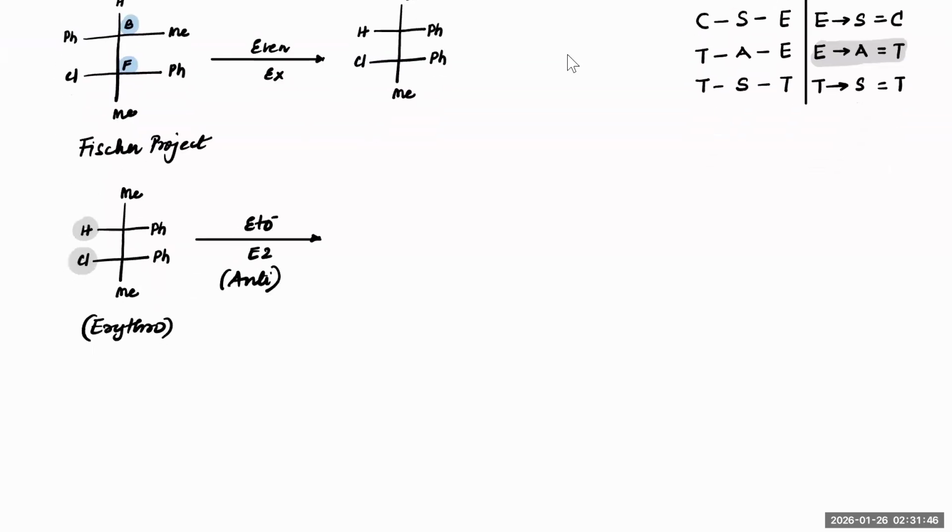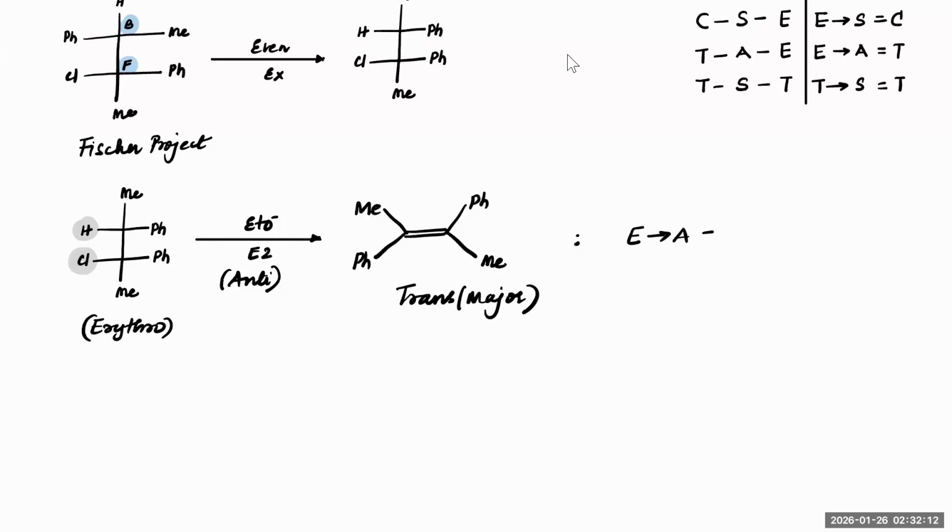So that means I should make it as methyl and phenyl here, double bond with phenyl and methyl here. So trans is the major product in this case. Correct? So this is what we are doing: erythro making an anti-elimination leading to trans.